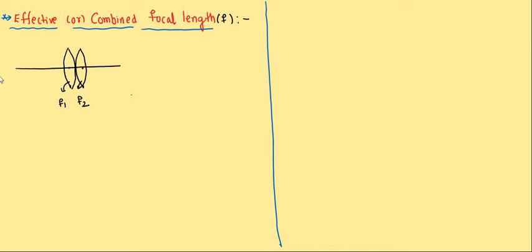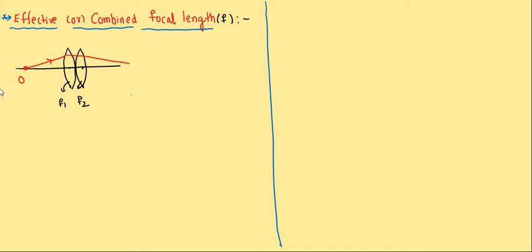Now we will take one light ray. This is considered as object O, and from that the light will start. If only the first lens is there, f1, this is the L1 lens, and due to the first lens the image forms at I1.